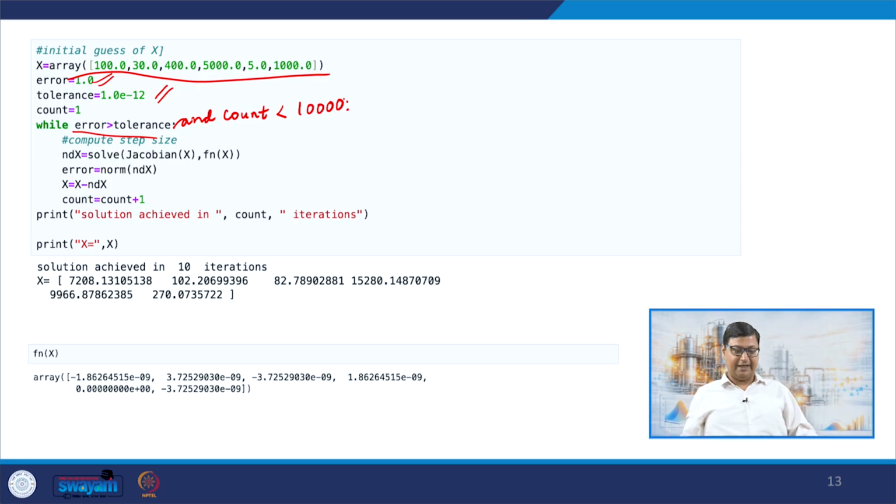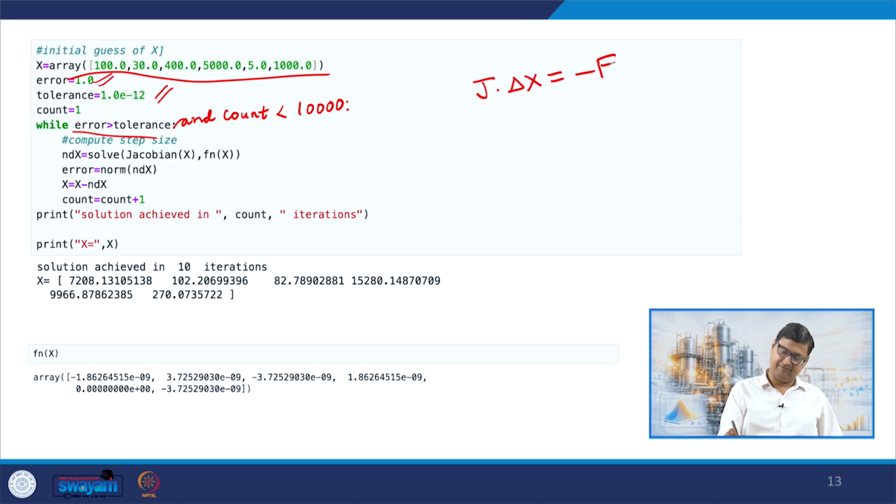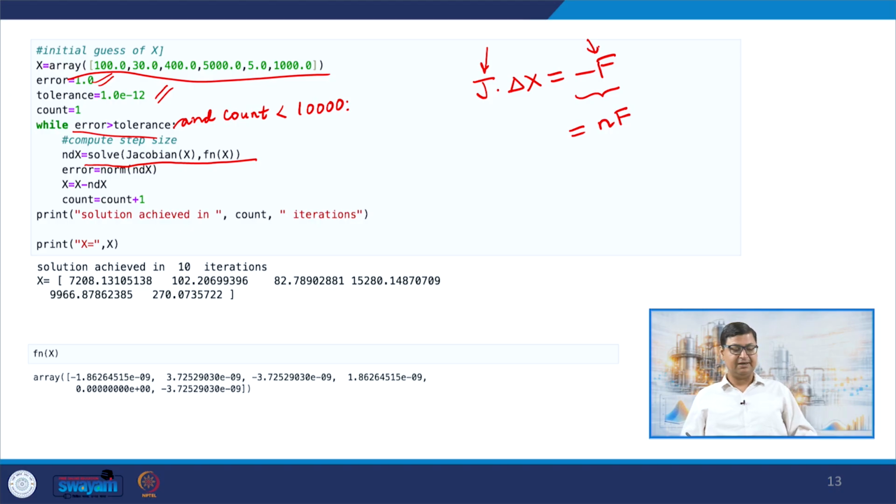Okay. And then what is essentially happening here in the code is very simple. We are solving the equation J dot delta x is minus f. This minus f I am calling some vector nf, and that is solved using a solve function that takes this J and the function f, and it gives me the negative value of delta x, right?